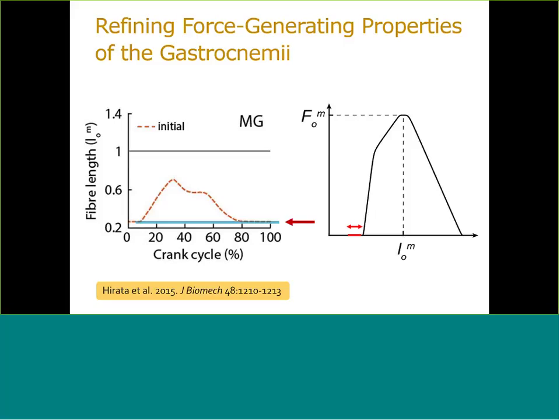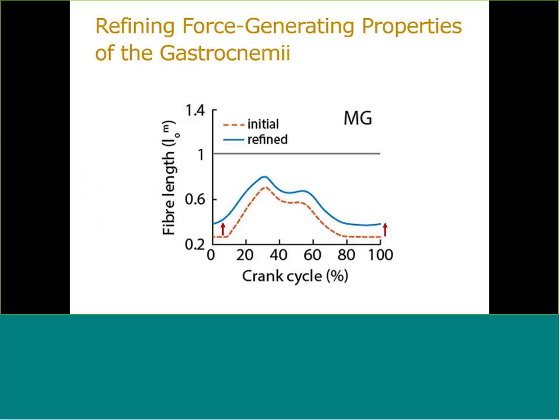Our changes were not arbitrary, but guided by experimental moment arms, especially experimental data reported by Hirasawa and colleagues, who reported ankle angles when the onset of passive force occurred, which we assumed was when the fiber was at optimal length. After altering the force generating properties of the gastrocnemiae, we were able to obtain fiber lengths during pedaling that conserved the length profiles, reduced the excursion, and was off the base of the force length curve.